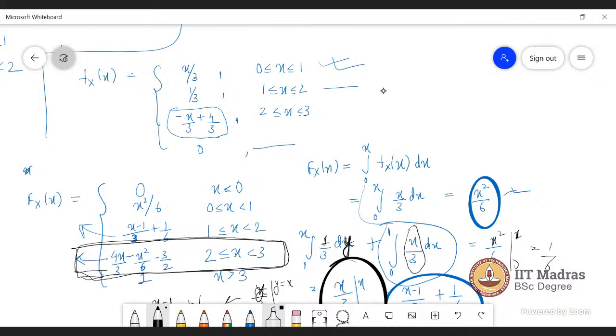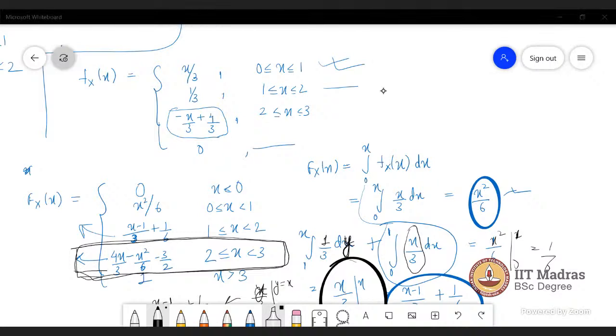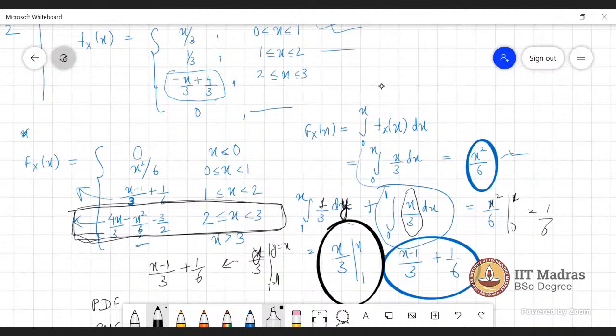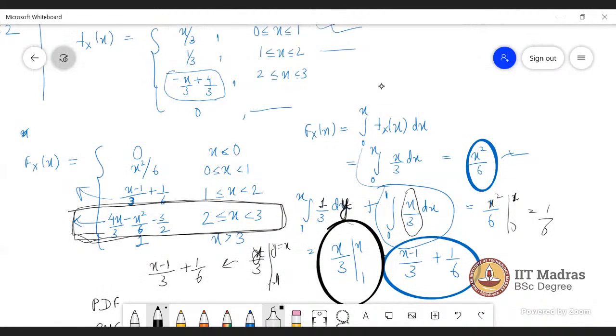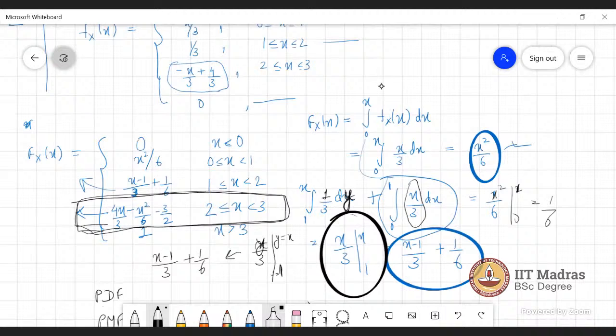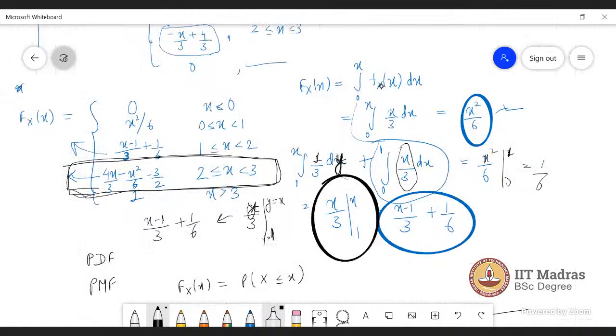The addition part is x minus 1 by 3. My question is why it is not being integrated from 1 to 2. Because we are finding the CDF, not the PDF.